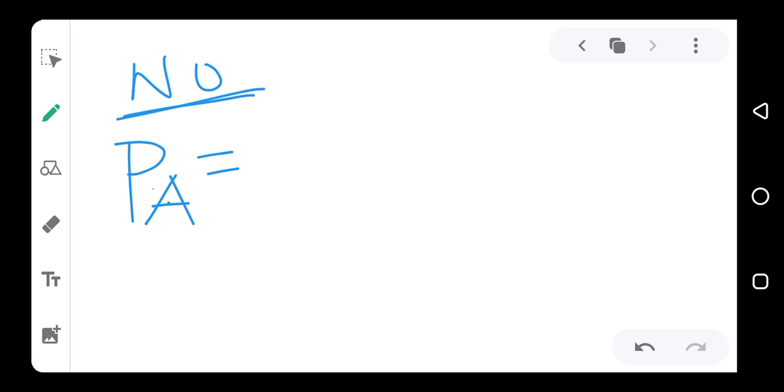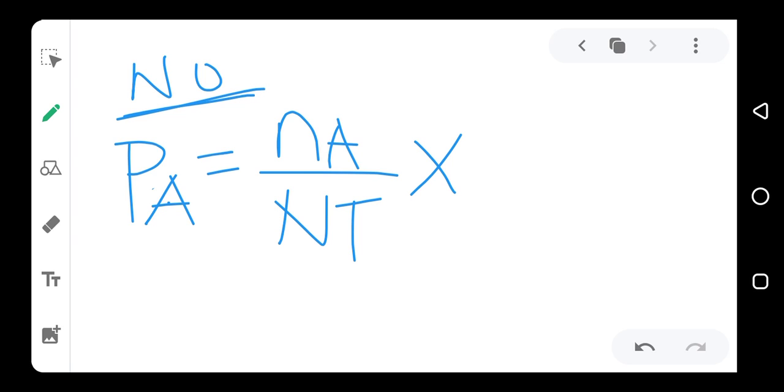Mole fraction means the ratio of the mole of the gas to the total moles in the mixture. Let's say the number of mole of gas A is Na over the total number of mole Nt, then times the total pressure given. Na is the number of mole of gas A, Nt is the total number of moles, and Pt is the total pressure given.